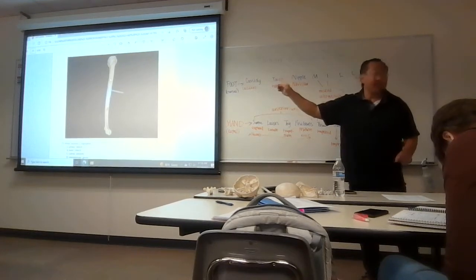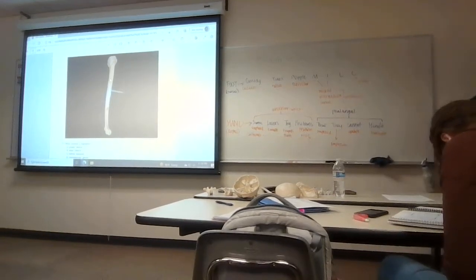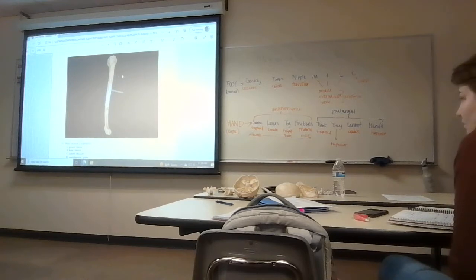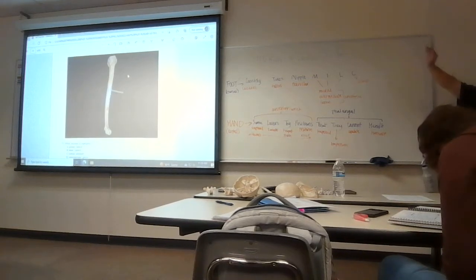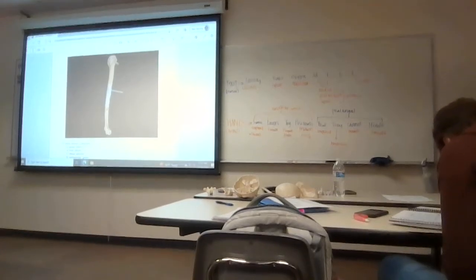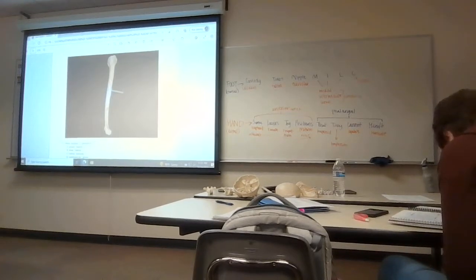It's called what? Tuberosity. Muscle attachment on the humerus. You can see the indent, like a line there. It's a curved line, it's not straight. Right there in the middle.